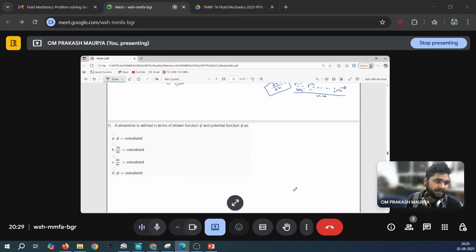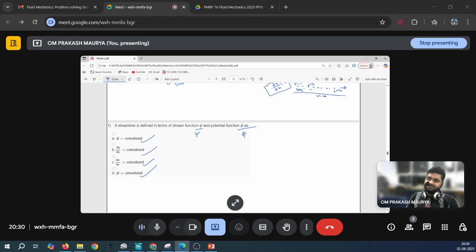Okay, now the next question. A streamline is defined in terms of stream function psi and potential function phi as: phi equal to constant, del phi by del psi equal to constant, del psi by del s equal to constant, or only psi is equal to constant.